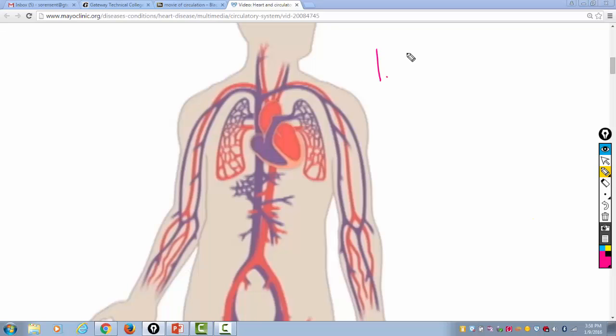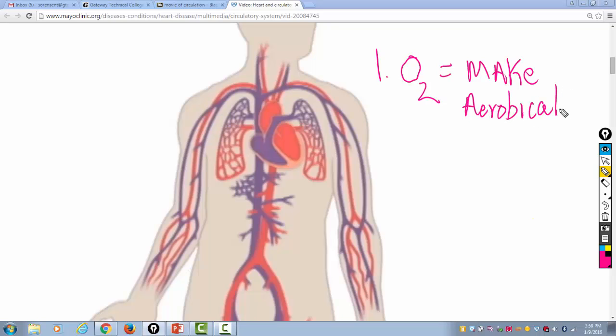And one of the most important is oxygen. Oxygen is required to make ATP, the energy our body runs on, aerobically. And that's the best way to make ATP. You can make the most, and it's the most efficient.